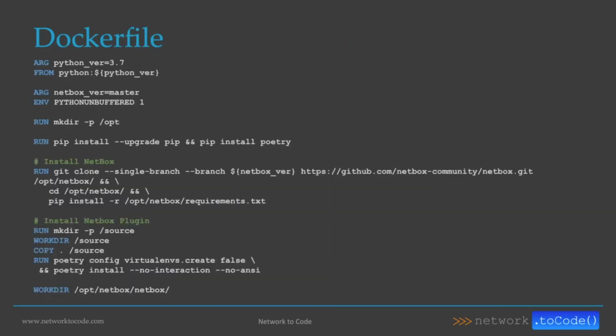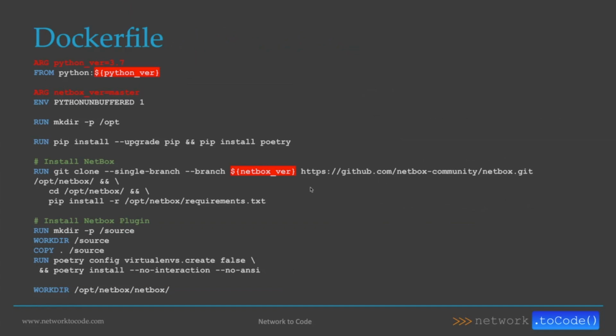Some examples: the Dockerfile that we're using in this case is actually fairly simple. One important part is that the Dockerfile is using arguments, meaning we will be able to use the same Dockerfile to build different containers for different versions of Python and different versions of NetBox.